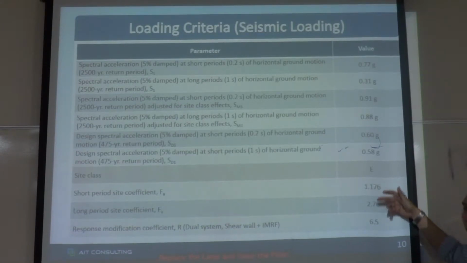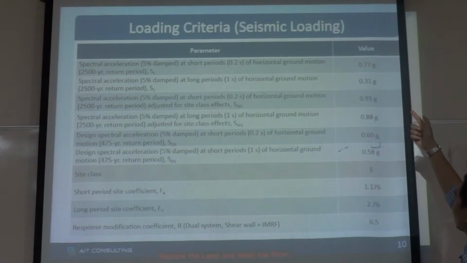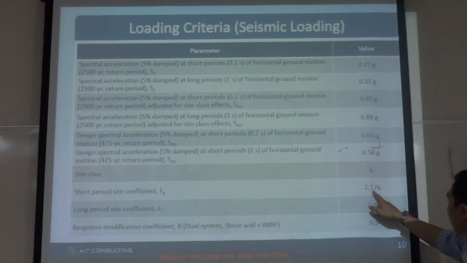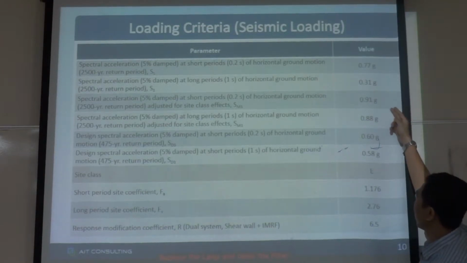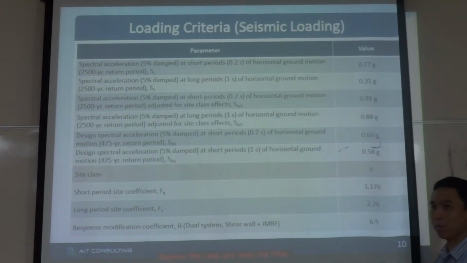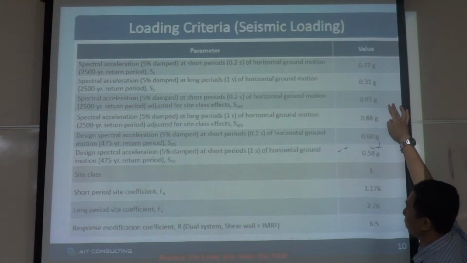You can find these factors from the code. So I have to multiply 0.77 with 1.176, and we will get another parameter, the adjusted parameter according to the soil type. So our domain is increased, these 2 parameters.